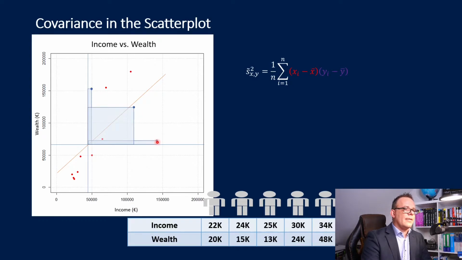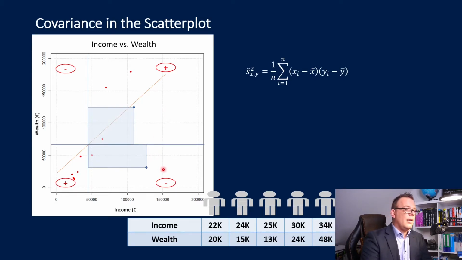Another point that is close to the new x-axis will also deliver a very small area because, well, this distance is rather small, while this one is long, this one is small. Only those points that are somewhere in the middle between those axes will deliver quite a large area. These areas are all defined positively. That sounds a bit curious, because what area can be negative? Well, let's have a look.